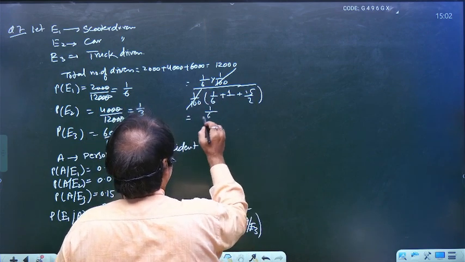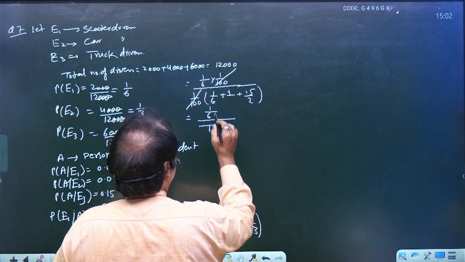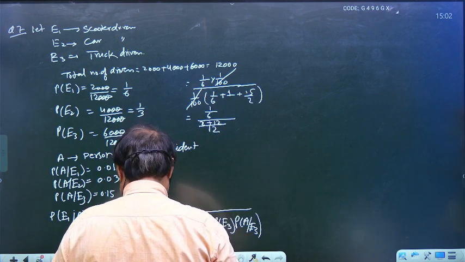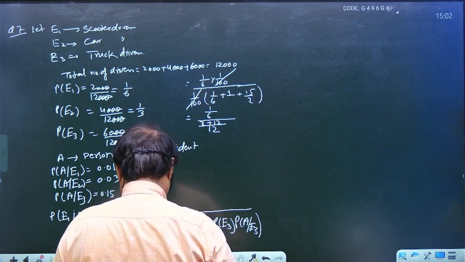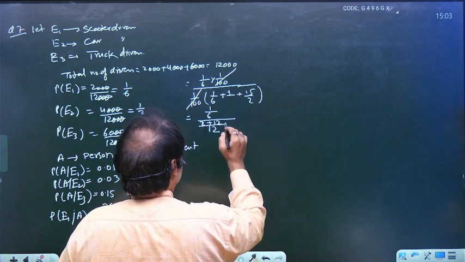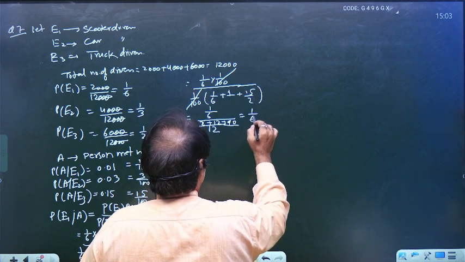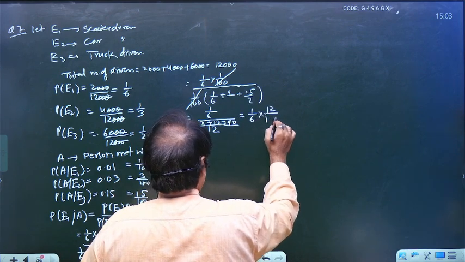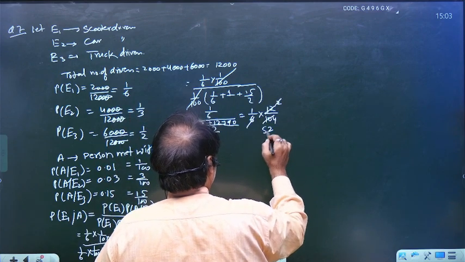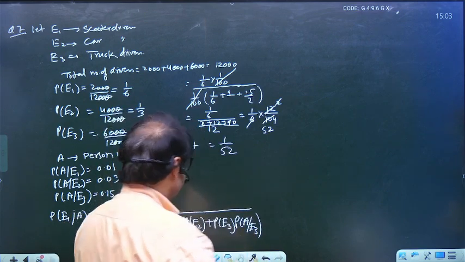So this is 1 by 6, and the LCM of 1 and 6 is 12. So 6 ones are 6, 2s are 12, and 12 ones are 12, and then 2 6s are 12, 15 6s are 90. So this will be 1 by 6 into 12 by 104. Am I right? And now 6 2s are 12 and 2 52s, so the answer should be 1 by 52. Right? Okay.